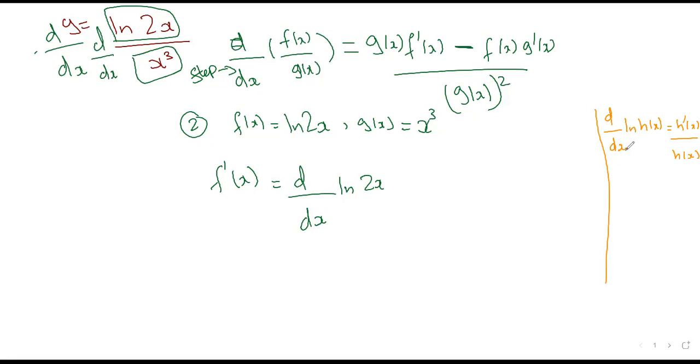This is what we have already learned: if you have been asked to find the derivative of a natural log function, the derivative of this thing would come here and would be divided by the function as it is. So again, look, things are like over here. Just consider this. What would be h of x? Look, it is the thing which is inside ln.